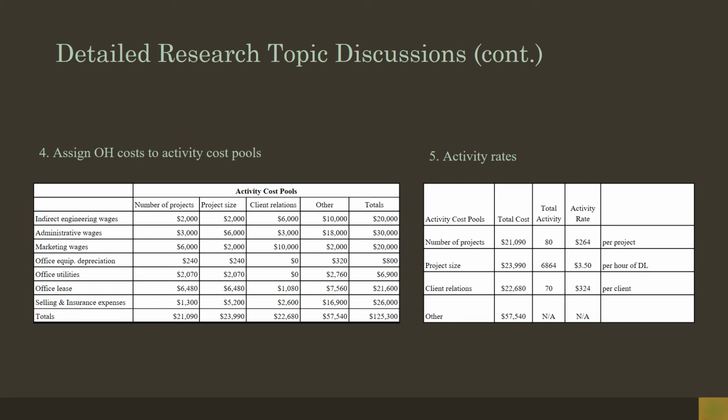This is the assumption of how many drafting and engineering hours of direct labor that IKE would perform in a year. And the number of clients was assumed to be 70. This obviously has to be less than or equal to 80 because there can't be more clients than projects. So the 70 value seemed fair, and it also allowed for some clients to have multiple projects with IKE.